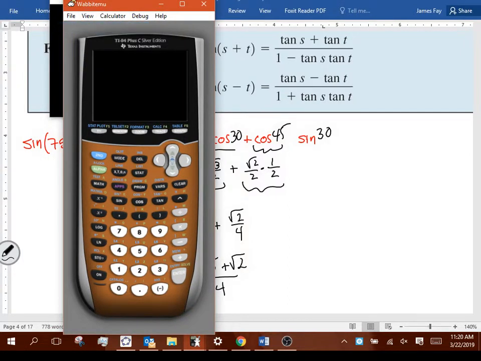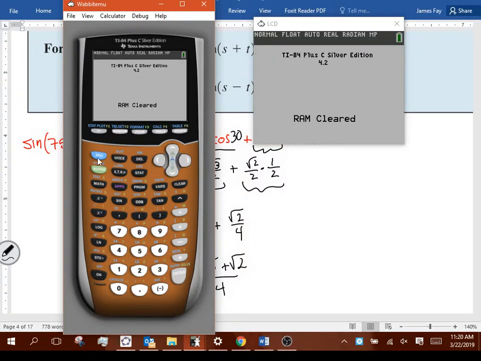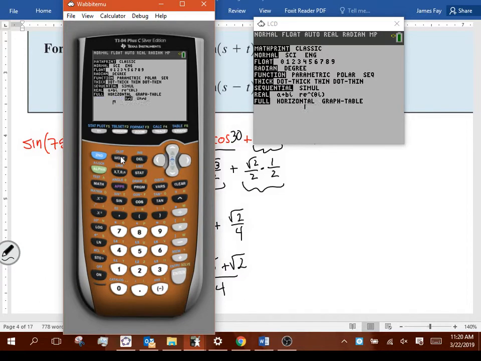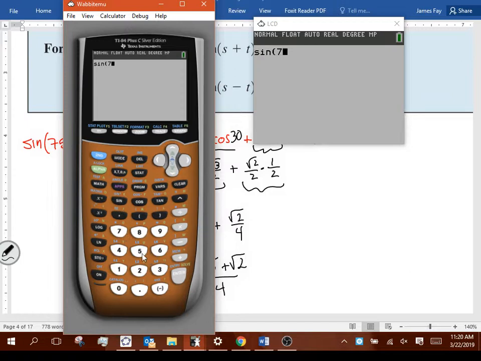Then type in the square root of 6 plus square root of 2, in parentheses up top, and divide that by 4.